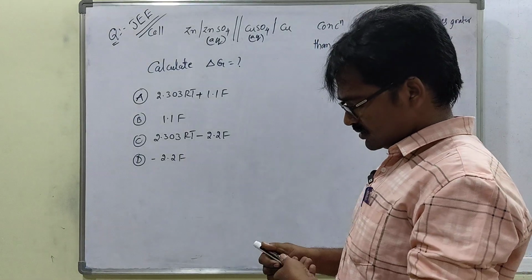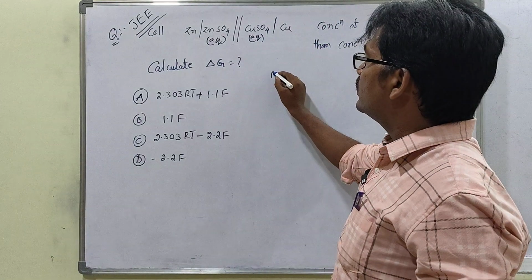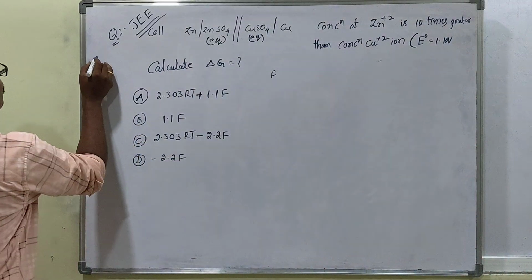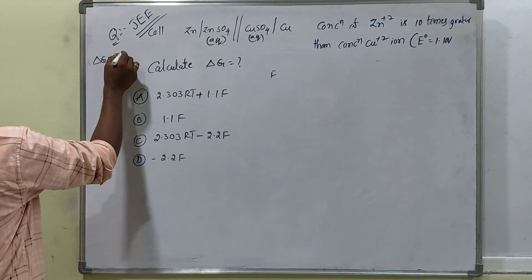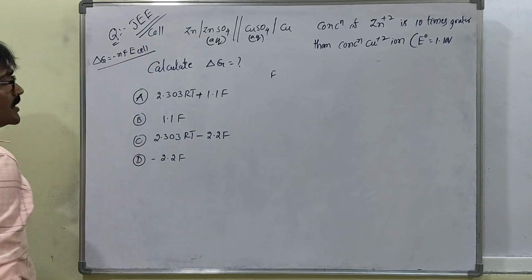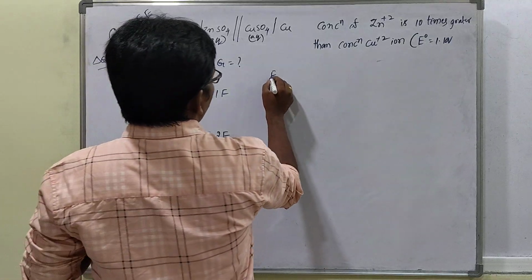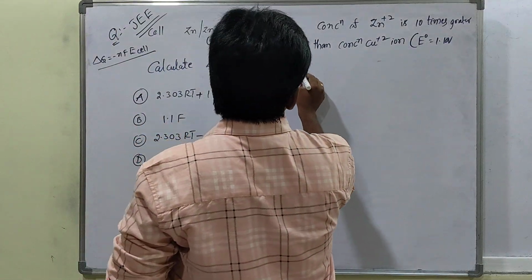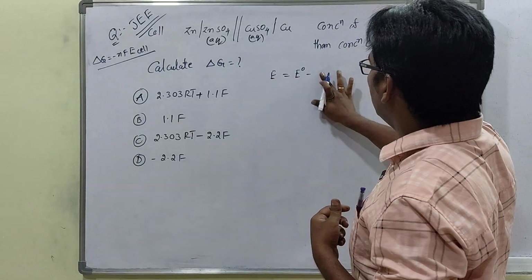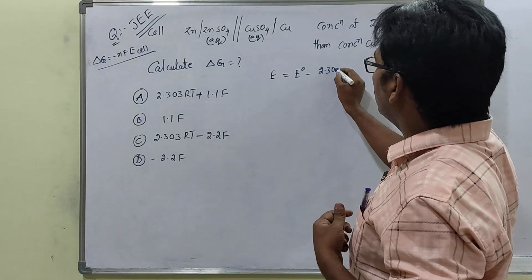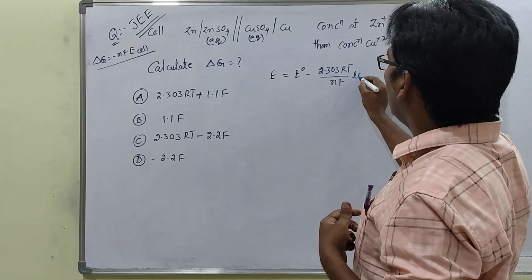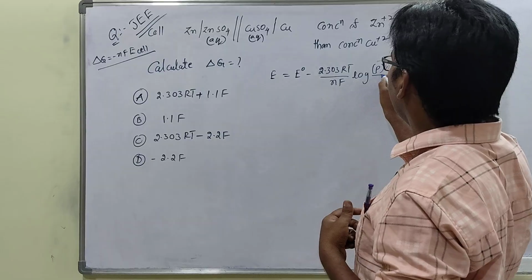First, you have to find E cell. To find delta G, what is the formula? Delta G equals minus nF E cell, right? E cell is nothing but the EMF of this cell. To find E cell, E cell equals E naught cell minus, not taking 0.0591, but the total 2.303 RT divided by nF log product concentration divided by reactant concentration.